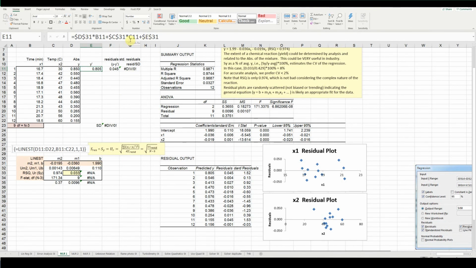When I press equals, it's 805, which is the forecasted value for the first reading. If I drag that down, I'll get forecasted values for all. And these are y prime values.